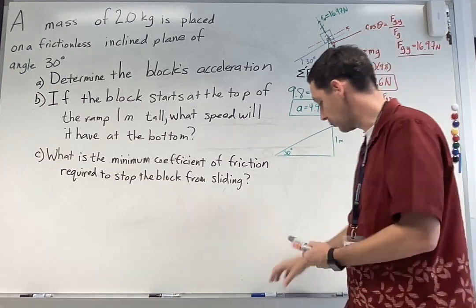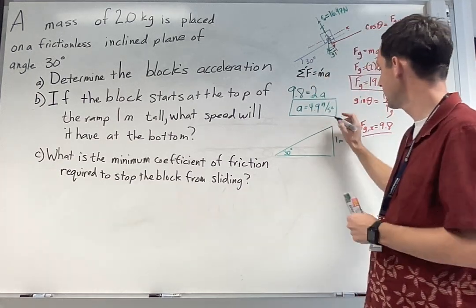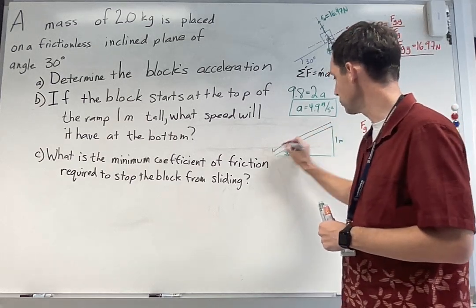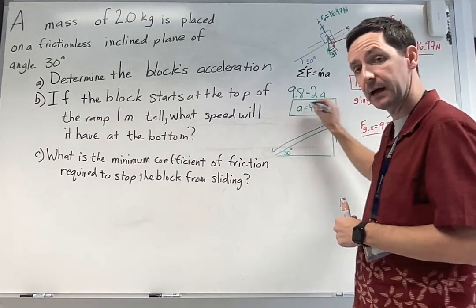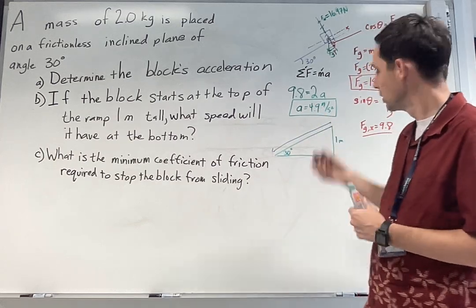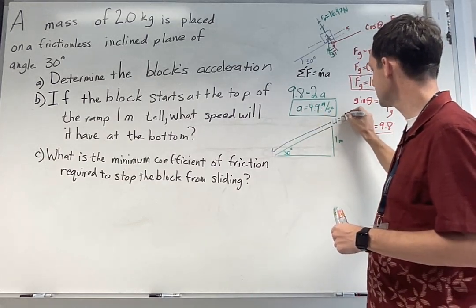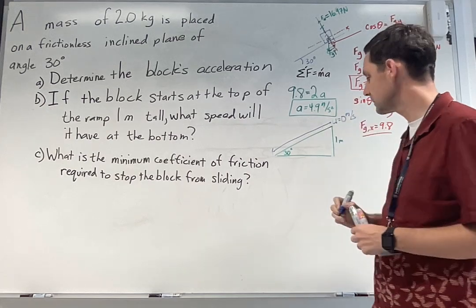This is what's happening, right? It's starting up at the top, and it's going down the ramp in this direction. We know the acceleration for that time. The acceleration is 4.9. We can go ahead and assume that it's starting at rest, 0 meters per second.